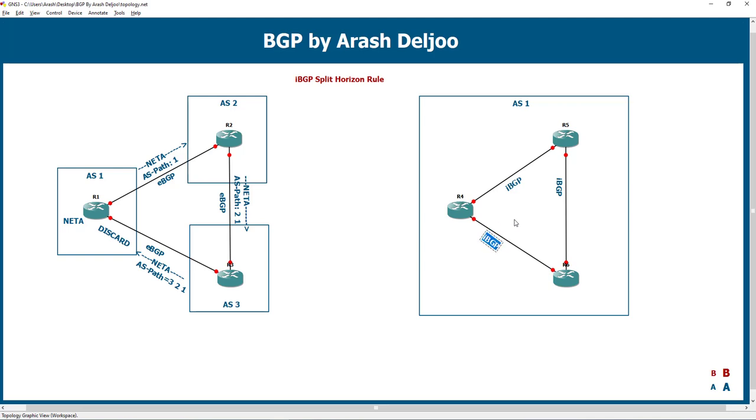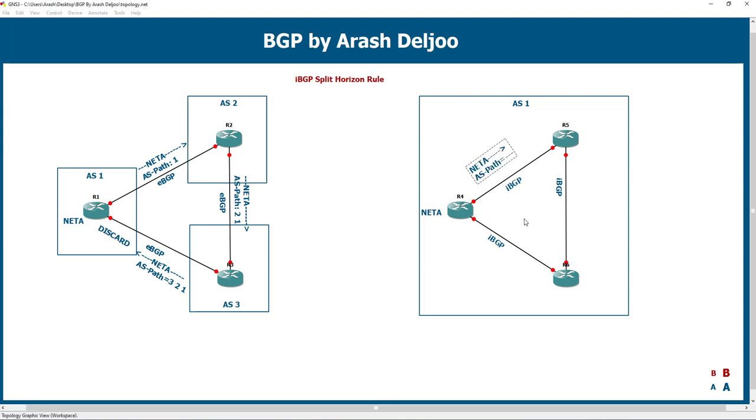Again, we want to advertise net A from R4 to R5. R4 sends this update to R5, and because it's generated locally in R4, the AS path is empty. The BGP update is received by R5.